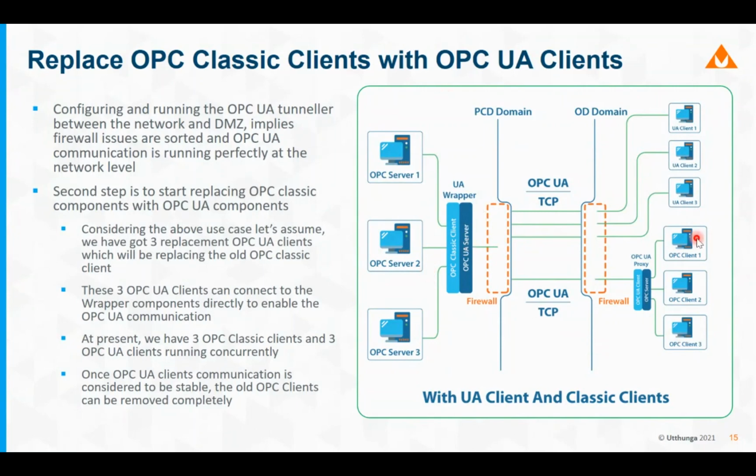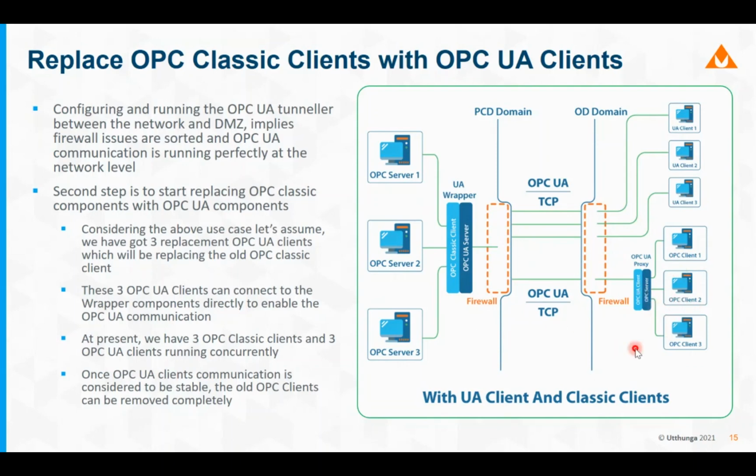In case you want to connect OPC clients to UA servers, you only use the OPC UA Proxy. Because what is the proxy capable of doing? The proxy is capable of converting or collecting data from UA servers, which is this. Behind this, what is there doesn't matter. So if you actually have UA servers here and you have a client here, you can simply use a proxy and it will do the job for you.